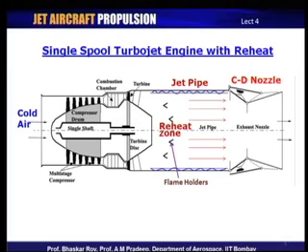And in case of a reheat engine, we need to take care of a number of issues before you can say you have a reheat engine that can create a high velocity jet. Now, this CD nozzle, just a word about it, is typically used to create a jet which is supersonic.